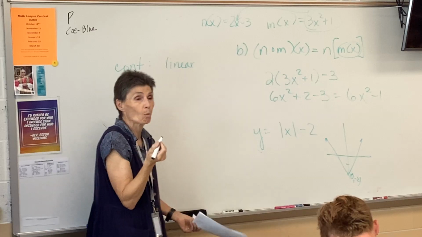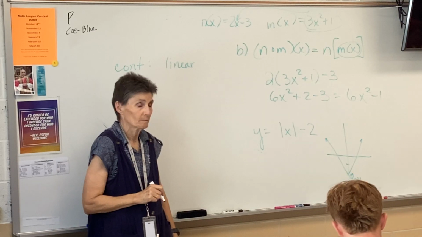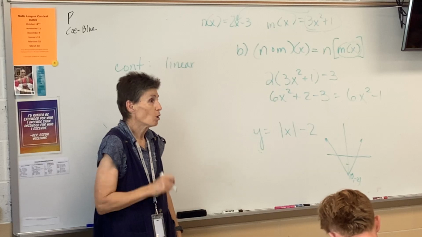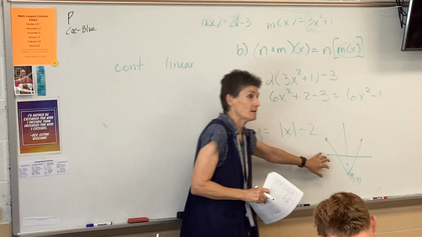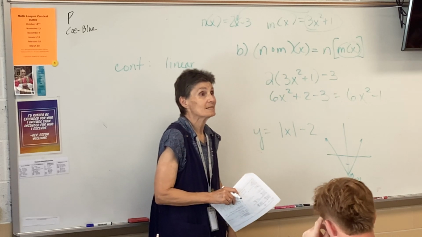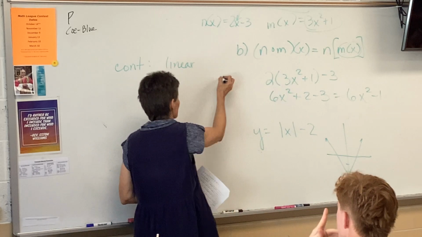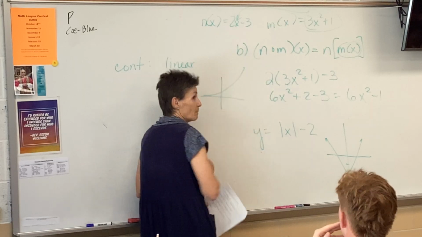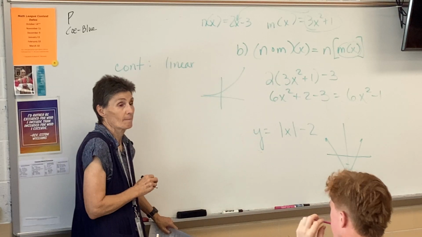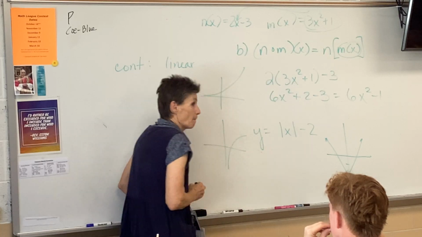That's continuous. Why? Because when you draw it, it's one fell swoop. Right? No picking up a pencil. Would this be continuous? Yep. So name a discontinuous one. No. Exponential is continuous. Logarithmic is continuous.